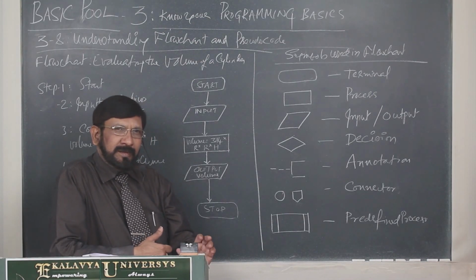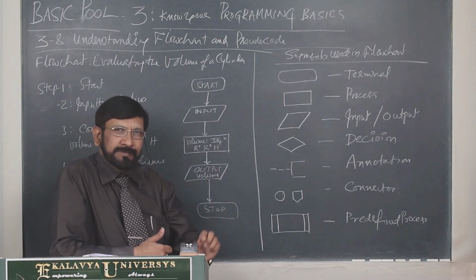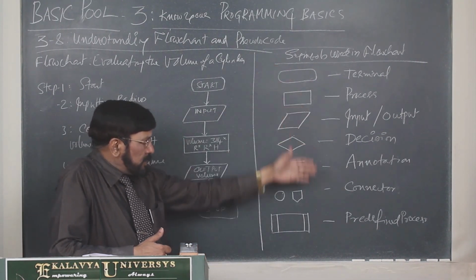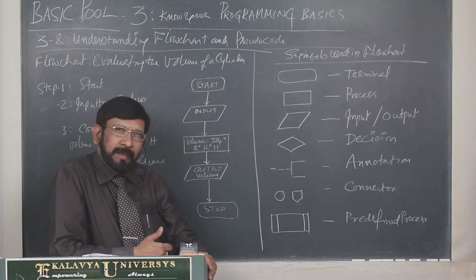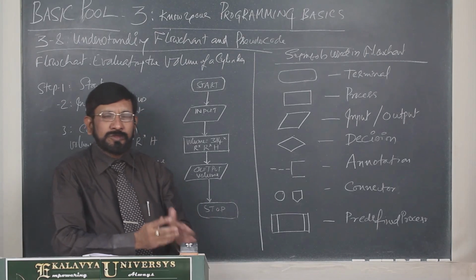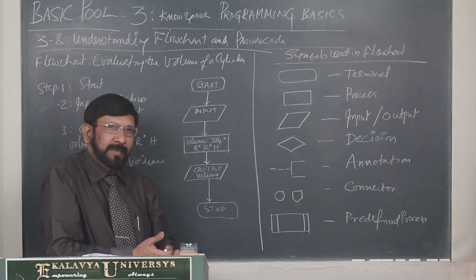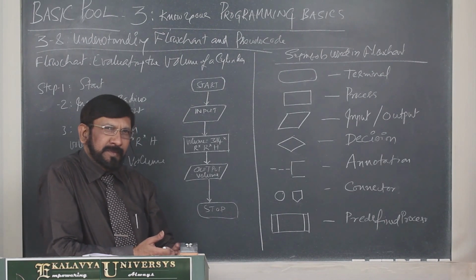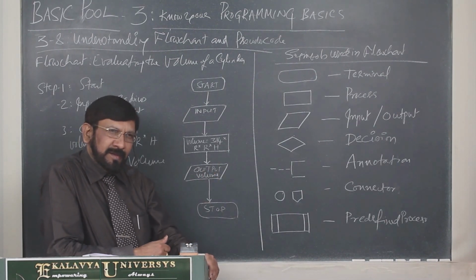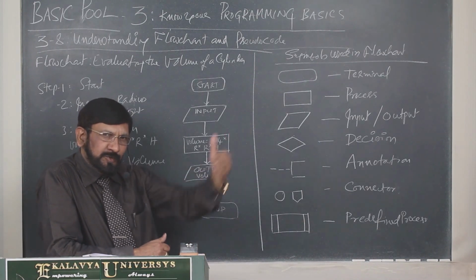There are certain standardized symbols, and we have listed all the symbols here, and we have to use those symbols for writing a flowchart. Comparatively, the algorithm is a textual description.